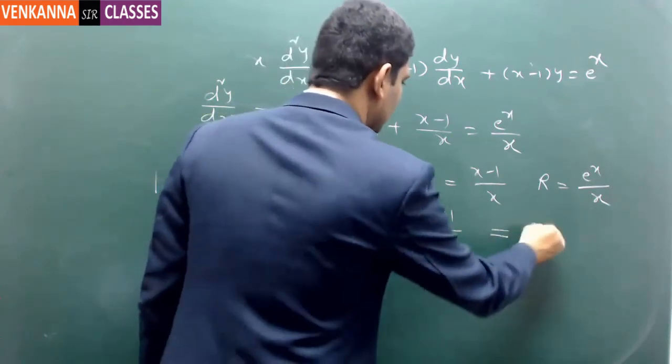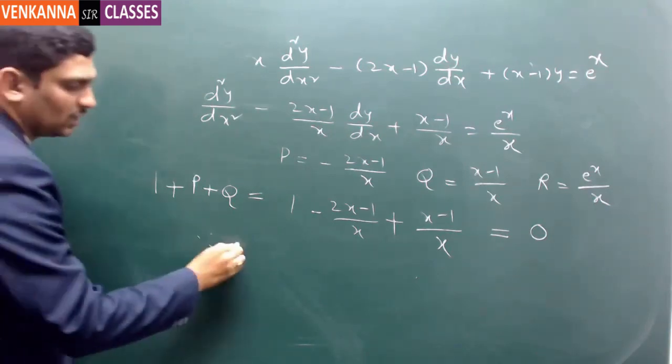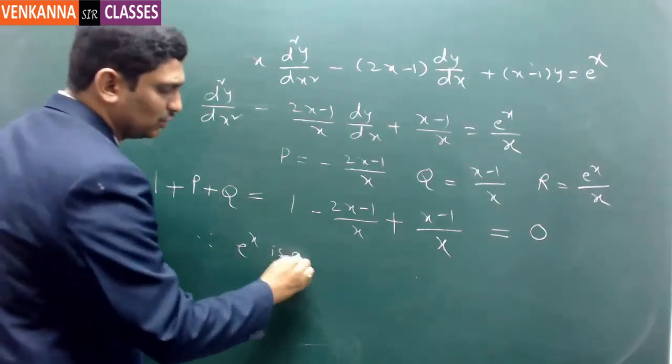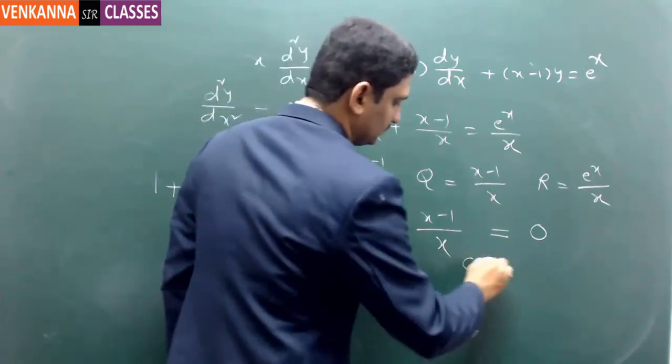If you find the LCM, it will become 0. Please check that. All of you accept? Right. So, e power x is a solution. Therefore, e power x is a solution in the complementary function.